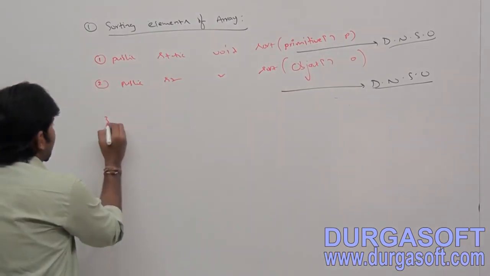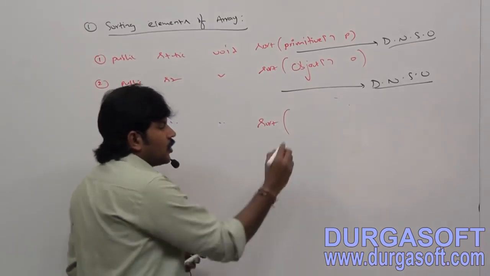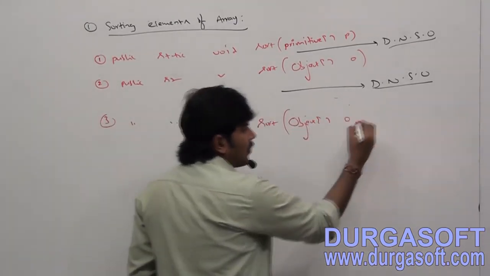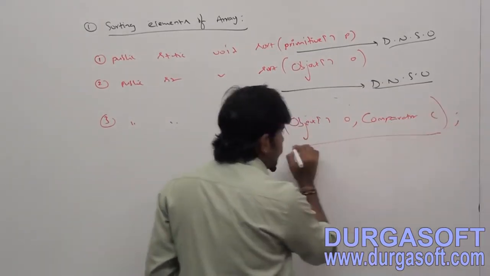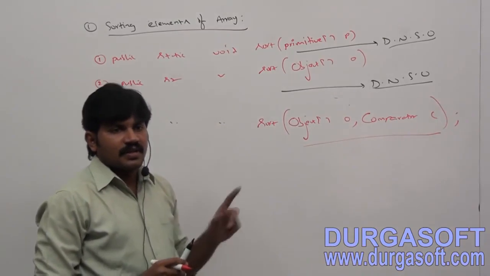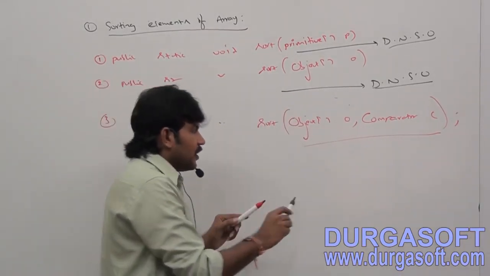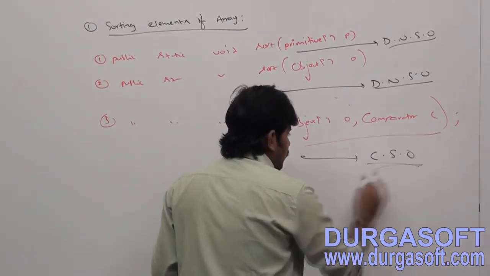But for object arrays: public static void sort(object type array, Comparator c), to sort an object type array according to customized sorting order.